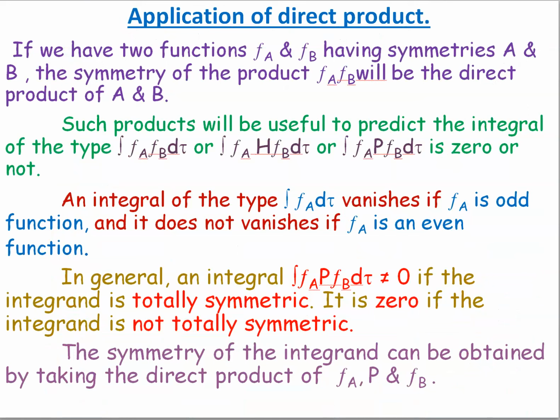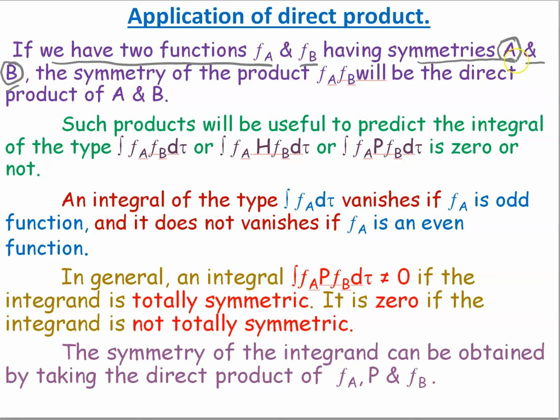Okay, next is application of direct product. Direct product has many applications in the further discussion of group theory, especially its chemical application. Suppose we have two functions fa and fb having symmetries a and b, that is, a is one of the IRs, b is another IR.